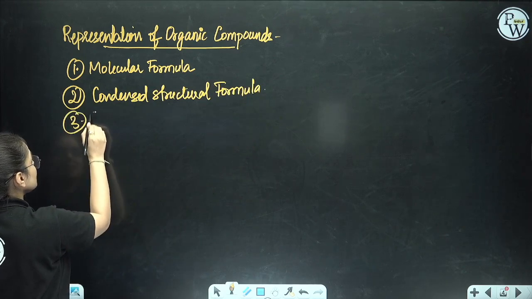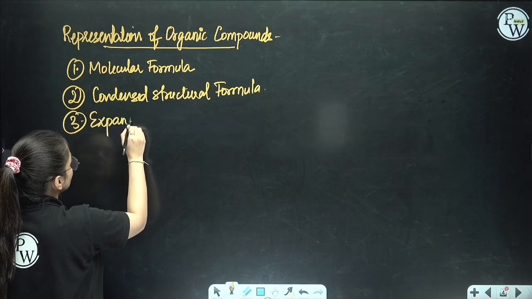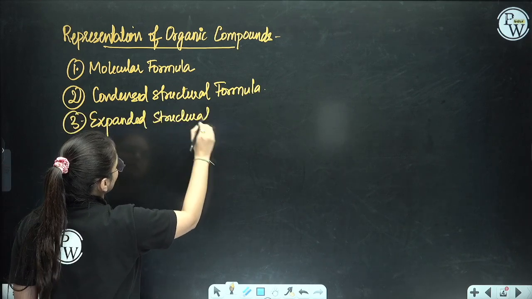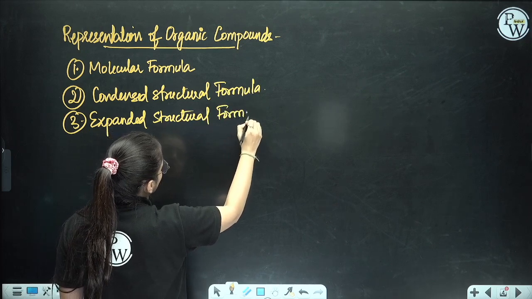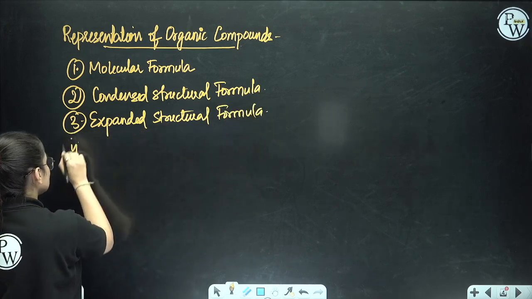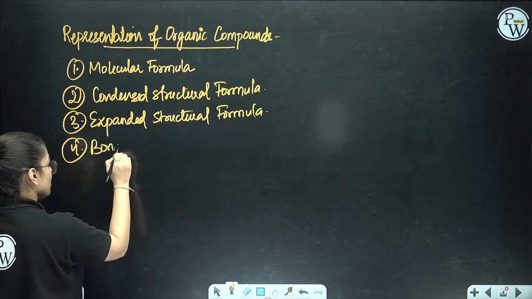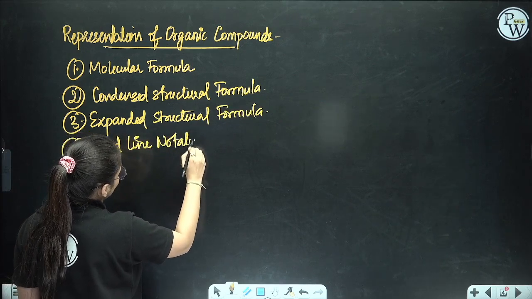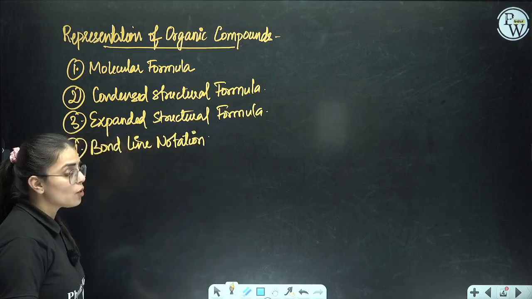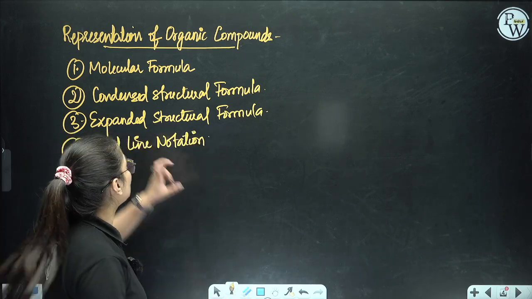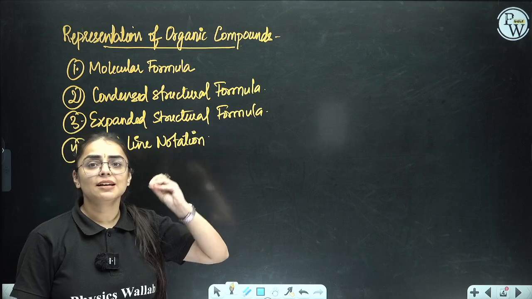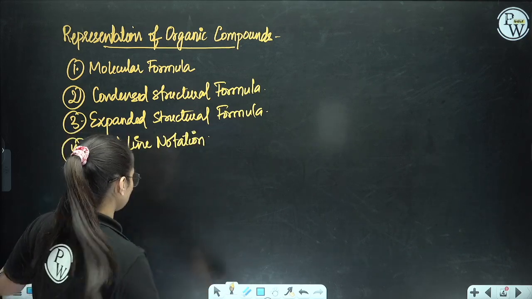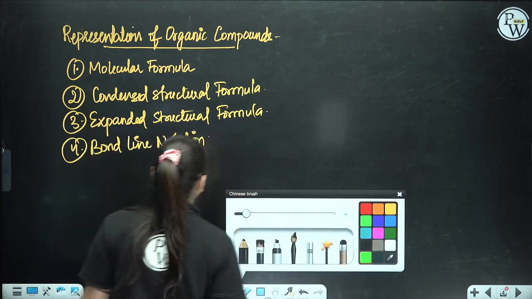The third one is expanded structural formula. And the last one, students, is bond line notation. So basically there are four ways to represent a particular compound. The very first is molecular formula, the second is condensed structural formula, the third is expanded structural formula, while the fourth is bond line notation. Let's start with them one by one.